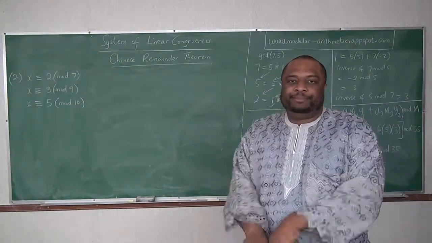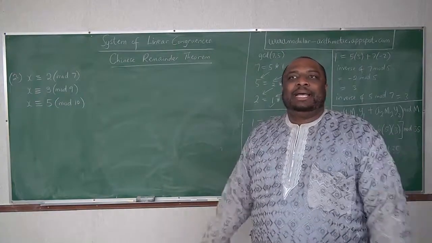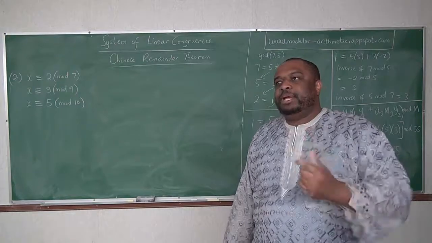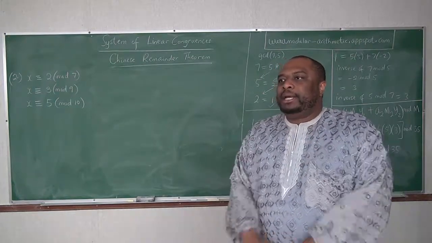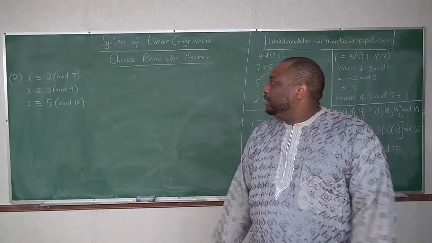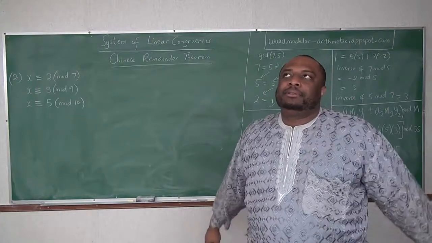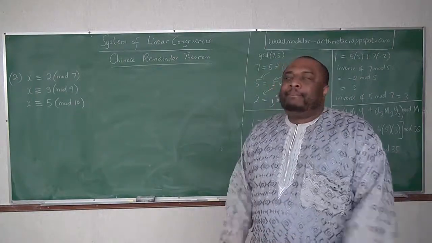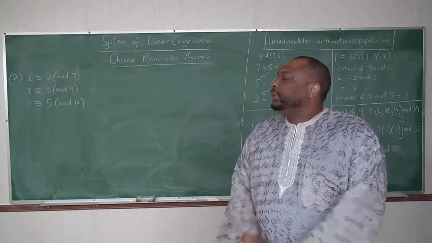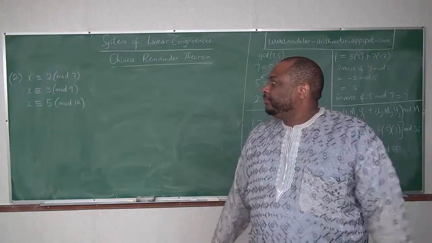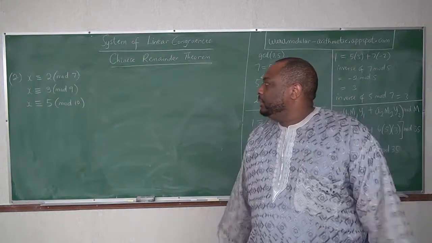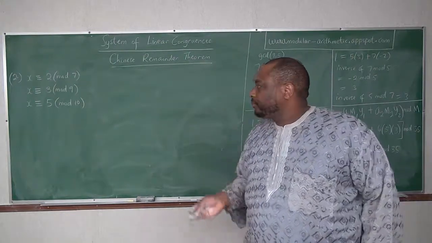What is that number? What's the smallest positive number that when you divide it by 7, the remainder is 2, by 9, the remainder is 3, and by 10, the remainder is 5.